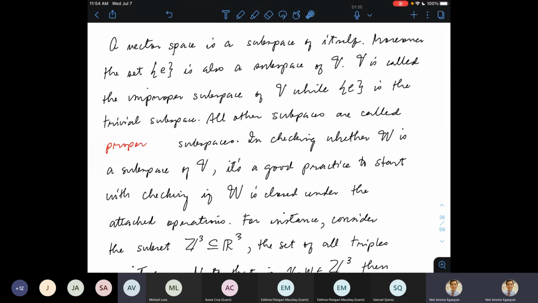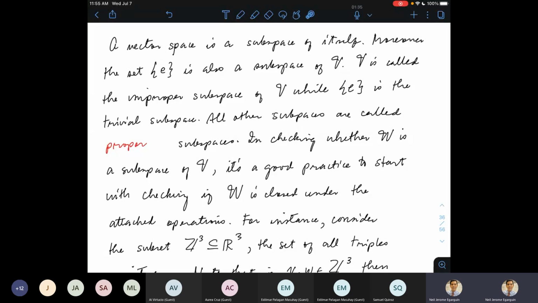Sir, yes, sir. To point out, sir, that subspace is not a trivial subspace, but a proper subspace. Is it enough to show that there's at least one more element aside from the identity in that subspace? Yeah, that's correct. Because we know that the additive identity in the parent vector space is an element of all other subspaces.